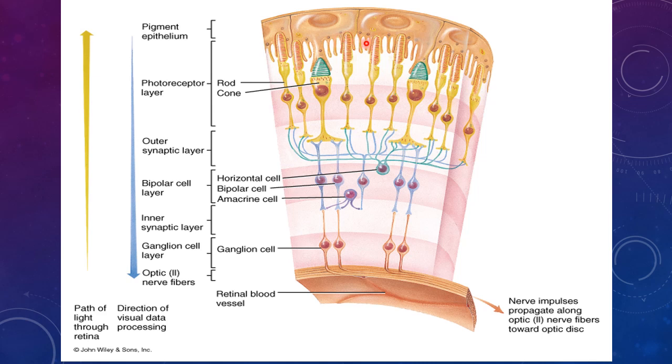Then its apical side shows cellular processes. These cellular processes accommodate and support the outer segments of rods and cones. As you can see here, these are well supported within these cellular processes.